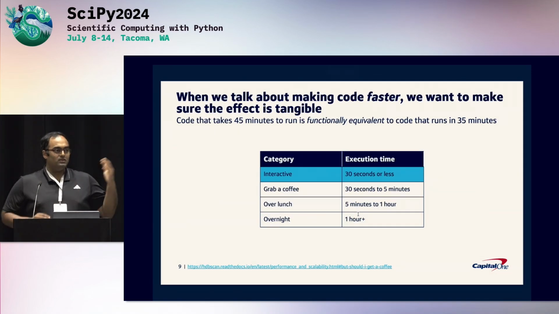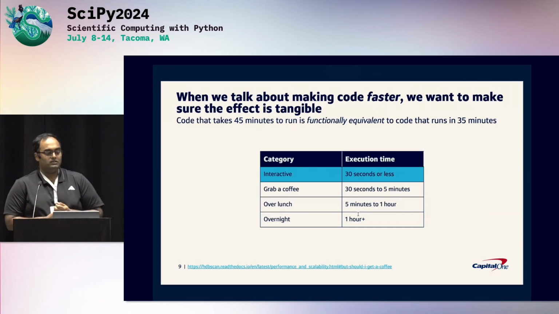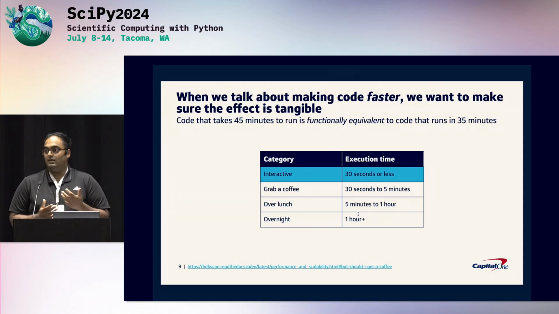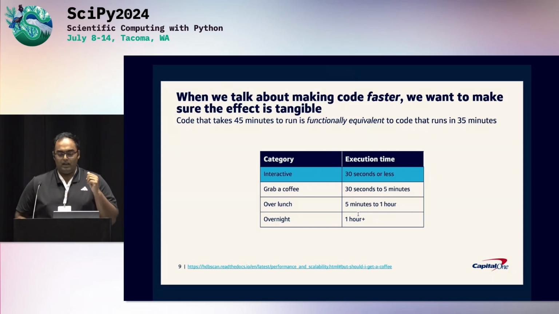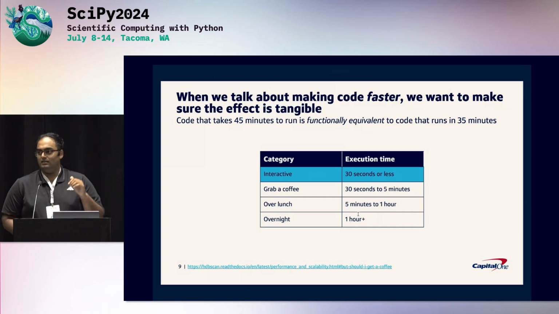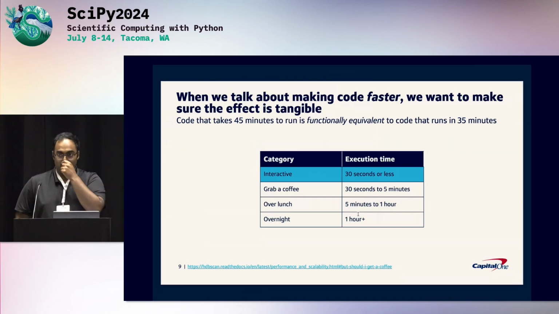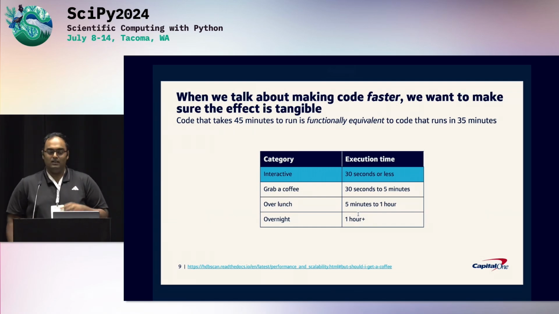And when I show some of the benchmarks for when I rewrote this package, I won't be talking about this kind of 100x, 200x improvement, because I don't think that necessarily frames execution time in a way that's productive. So at PyData LA in 2019, the HDBSCAN maintainers introduced me to this idea of step changes in productivity: code that runs in 45 minutes is the same as 35 minutes.